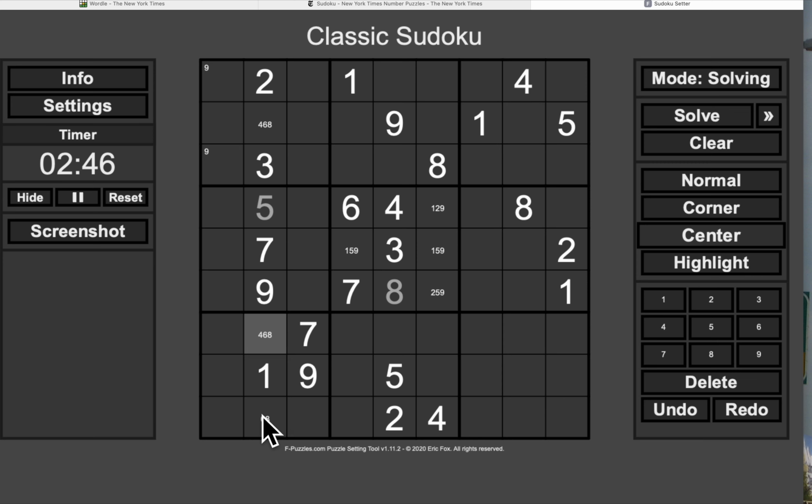I don't know much about 4, but I know that's a 6 or an 8, so that's not really helpful. And actually, that can't be a 9 because of the 9 in the column. So that's a 2 or a 5 straight off the bat. That could still be 1, 5, or 9, as could that. This is 1, 2, or 9.